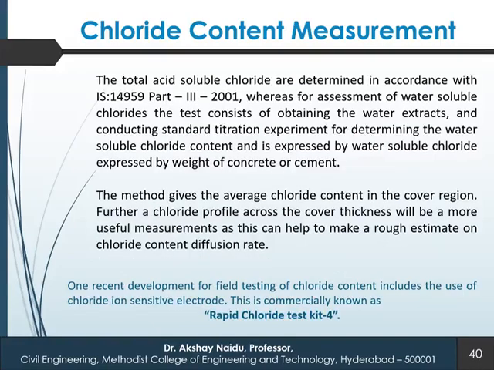Now, this test for chloride content is based on IS 14959 Part 3, 2001. The total acid soluble chlorides are determined in accordance with this IS code, whereas for assessment of water soluble chlorides, the test consists of obtaining the water extracts and conducting standard titration experiments for determining the water soluble chloride content, expressed by weight of the concrete or cement.